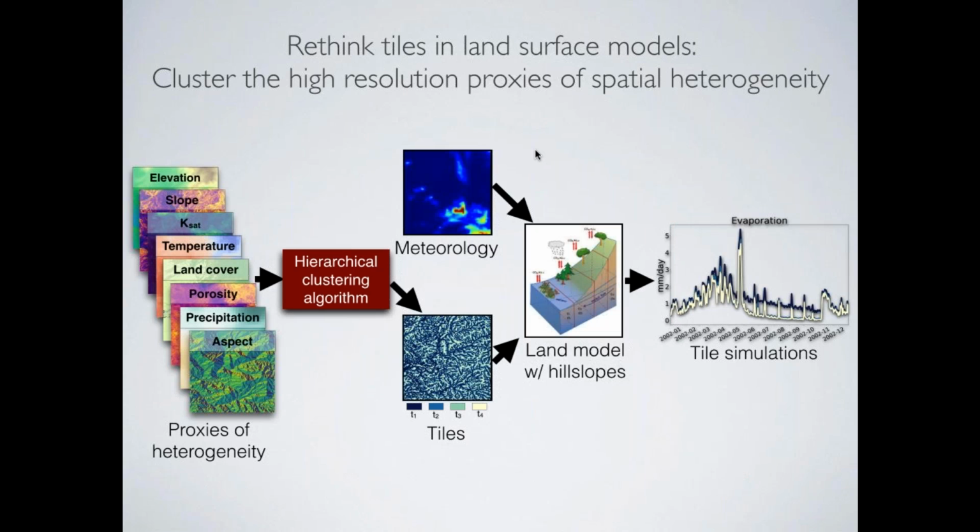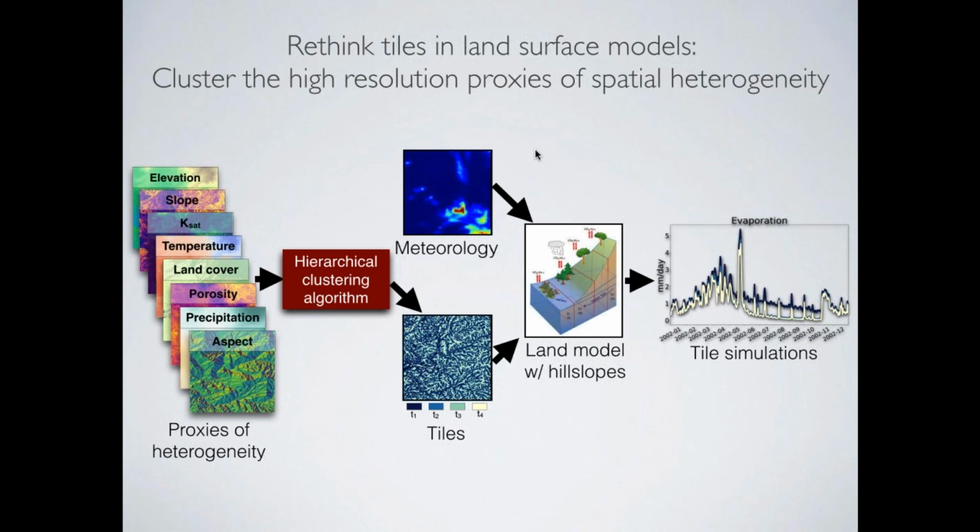So what I aim to do is figure out a way to take all of these proxies of heterogeneity, all this information which we know is related to the actual processes, extract as much information from this data as possible, and then put it through a clustering algorithm to extract the representative tiles.